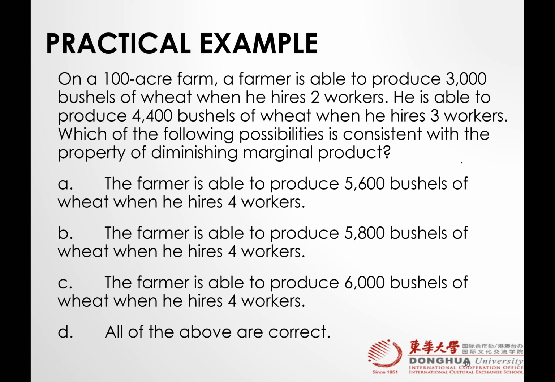Okay, the answer is A. Why is A? Here we go. When the workers are 2, the production is 3,000.